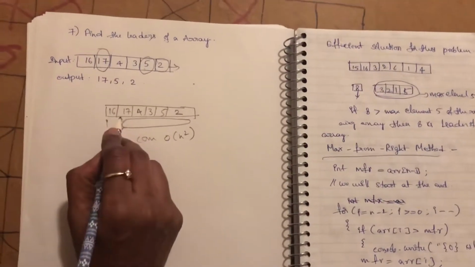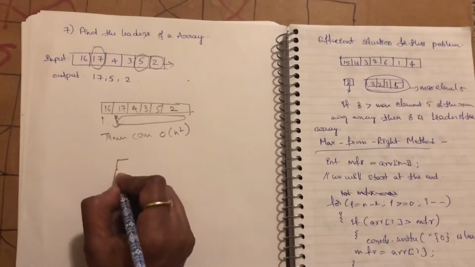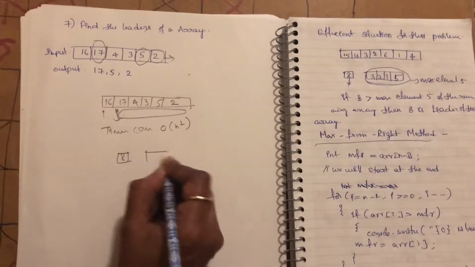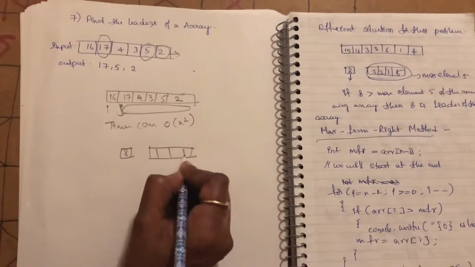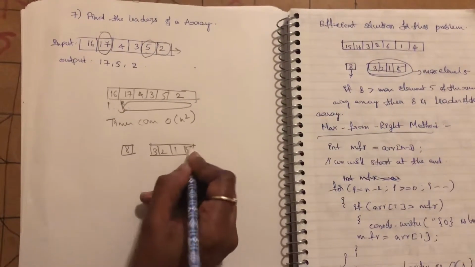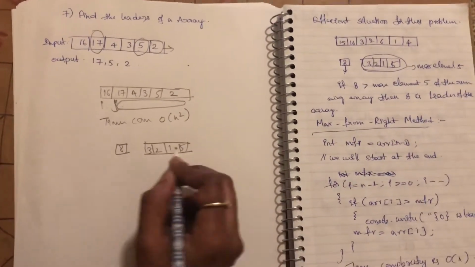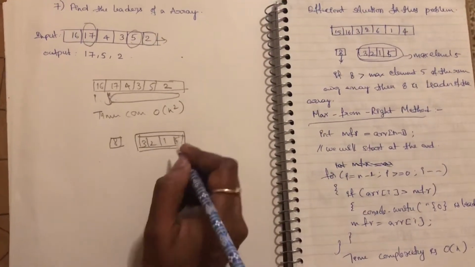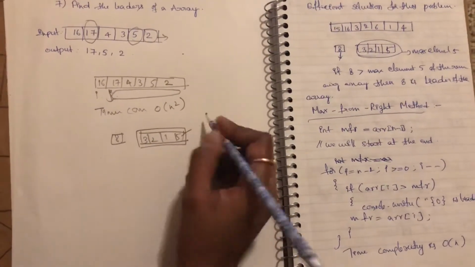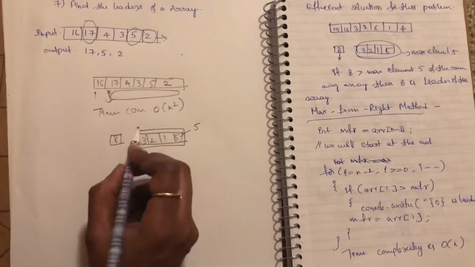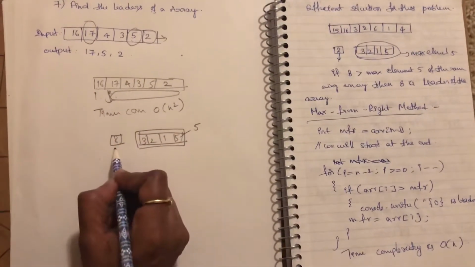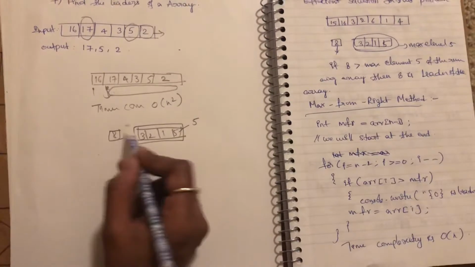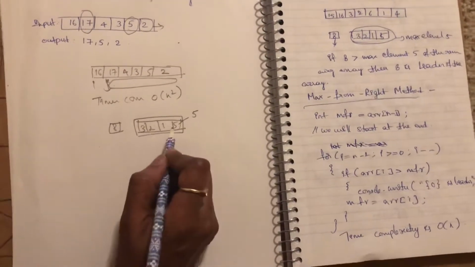For example, if we take these elements, the maximum element of this array is 5. So for this, we don't have to compare the entire elements.